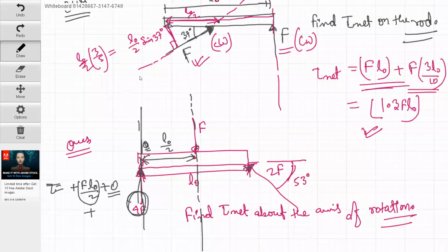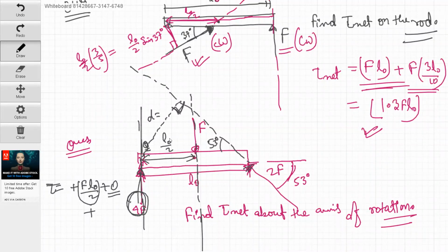Now, the torque of this 2F force. Which one is the line of force? The line of force is this one. Draw the perpendicular distance from it. This is the perpendicular distance, so this distance you should find. If this is 53 degrees, this is also 53 degrees.